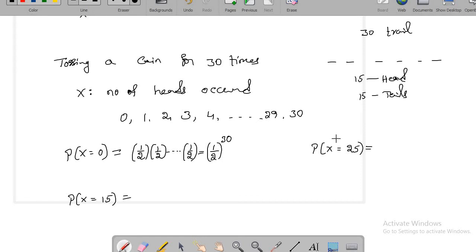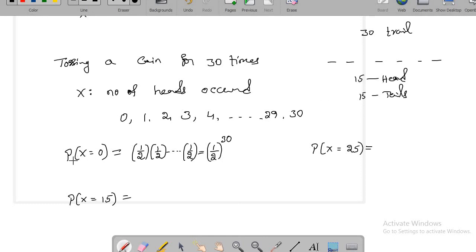So now the question is, where should I have these 15 heads? Is it the first 15 places, or the last 15 places, or the middle 15 places, or any random 15 places? So we should count all of them, right? Not just one.